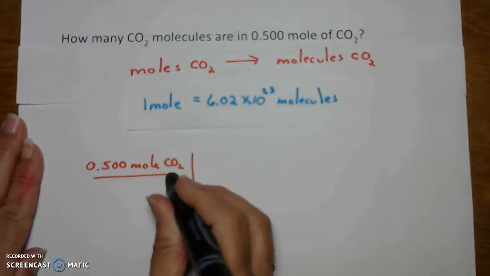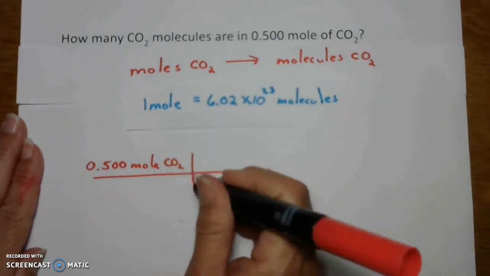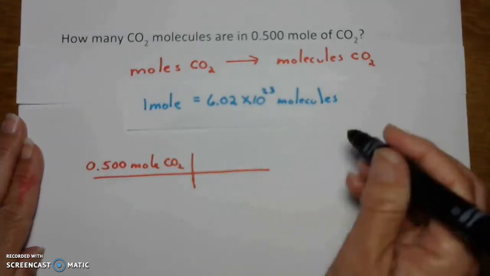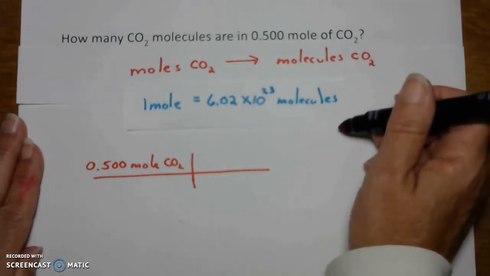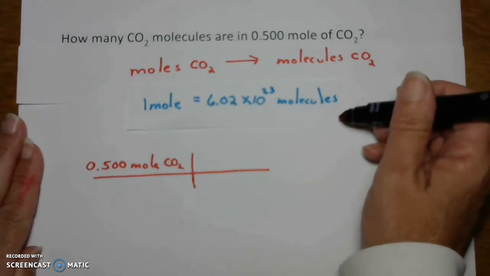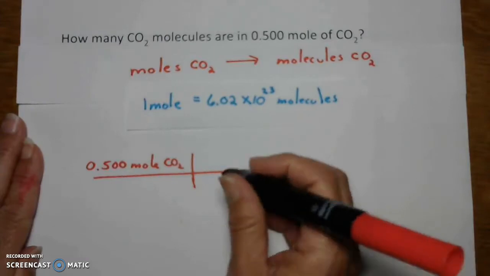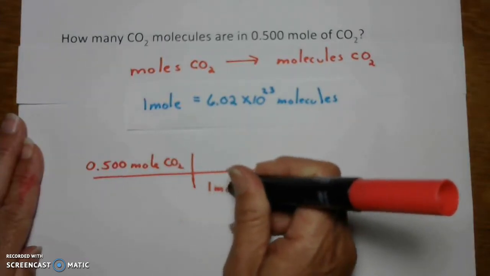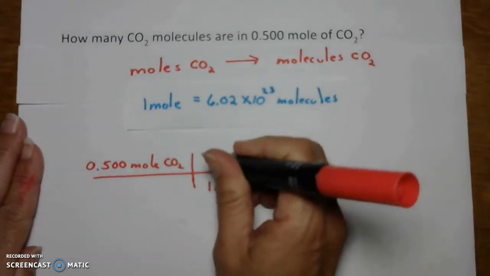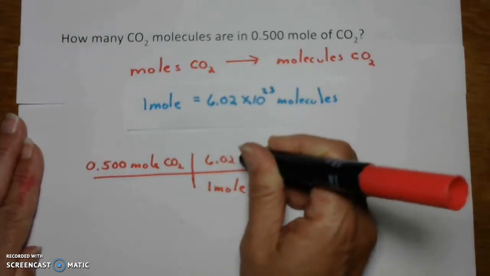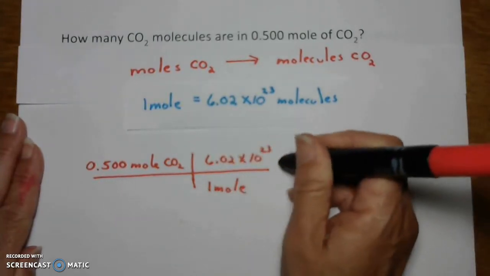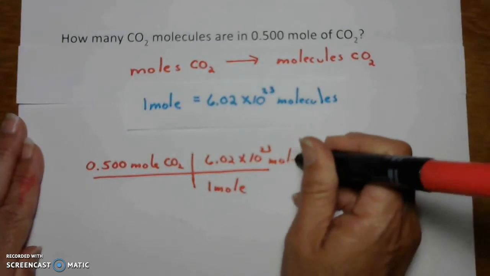We'll put that on a line, and then we'll write a conversion factor using this equality that's going to get rid of moles and leave us with molecules. Since we want to get rid of moles, let's put moles in the bottom. We'll put our 1 mole down here, and we'll put our 6.02 times 10 to the 23rd molecules on the top.